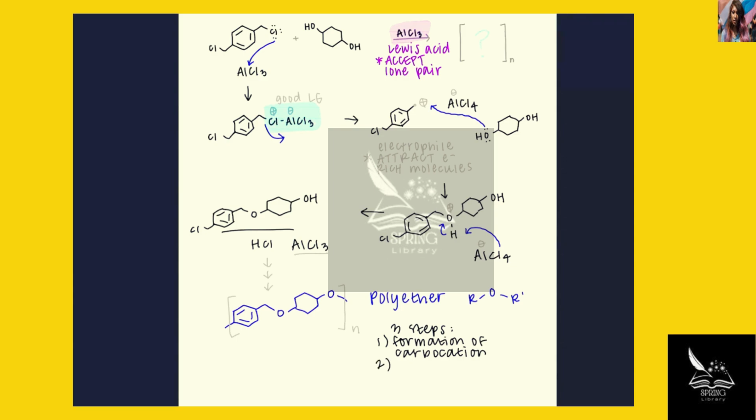All right, and then second, we have the growth of the polymer. So the growth of the polymer, that's when this happens. So that's when we get a carbon bonding to something else. So in this case, it's an oxygen. So here we get that carbon-oxygen bond. So growth of polymer.